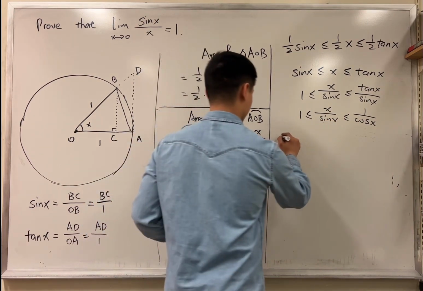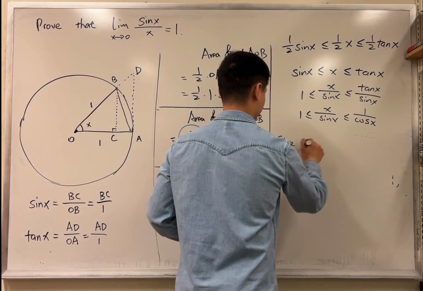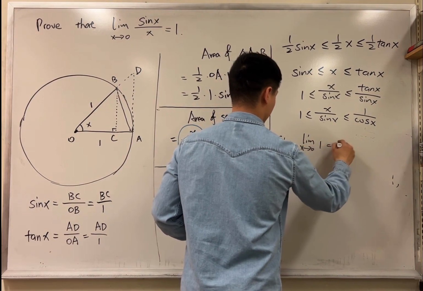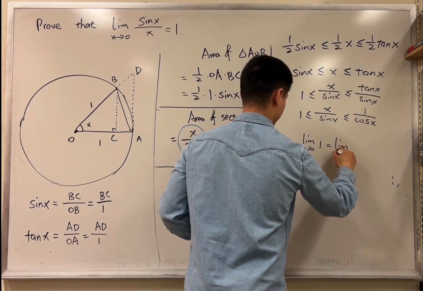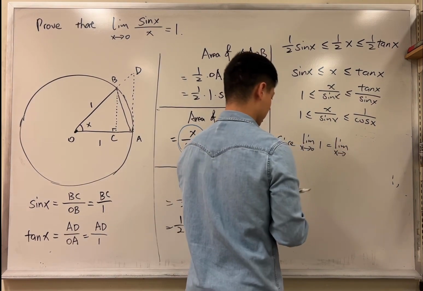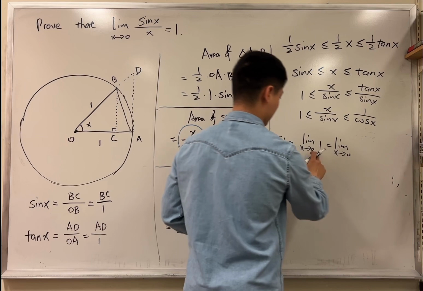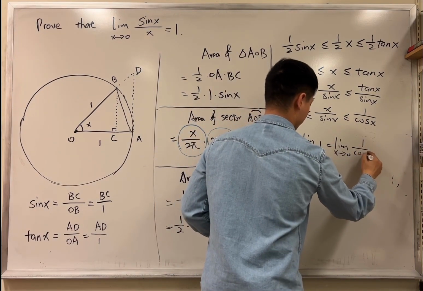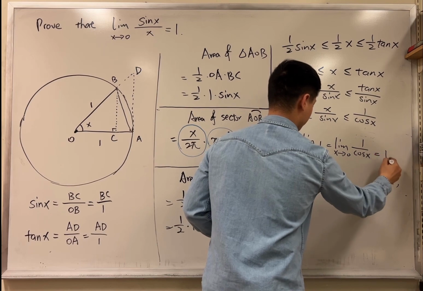And then we can apply the squeeze theorem to calculate the limit of both bounding functions. The limit of the lower bound equals the limit of the upper bound, which equals 1.